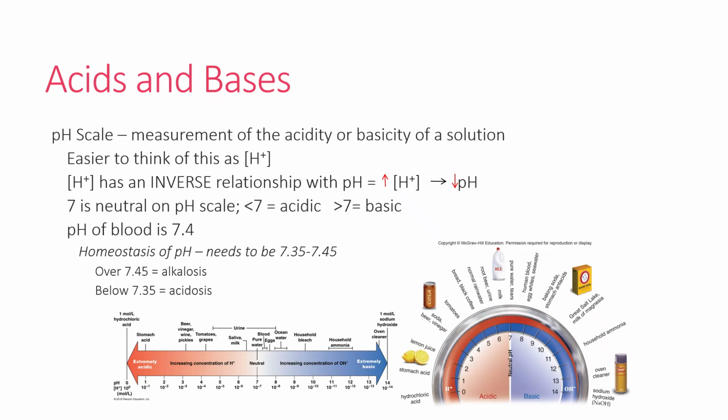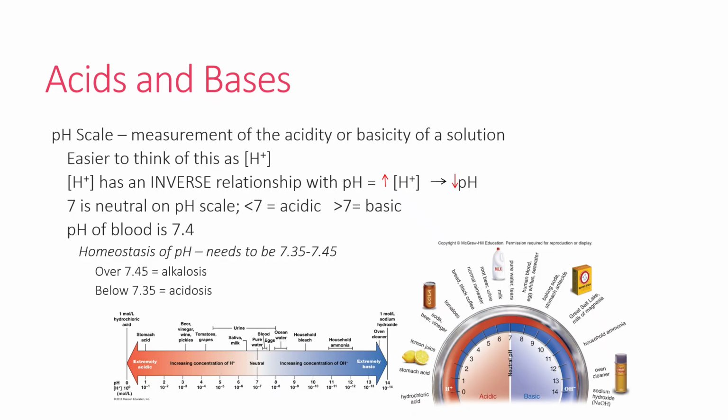So the hydrogen ion concentration has an inverse relationship with pH, meaning as hydrogen ion concentrations increase, pH decreases. Inverse means it's flipped. It's going the opposite direction. So as hydrogen ion concentrations increase, pH decreases.